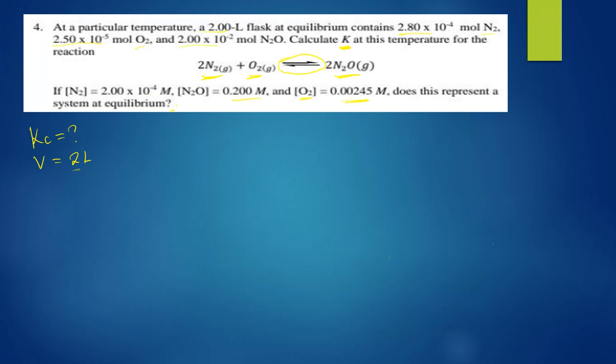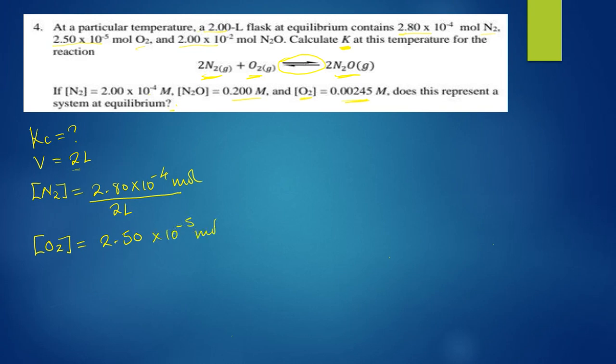So let's start. The mole for nitrogen is 2.80 times 10 to the power negative 4 mole, and we divide it by the volume given, which is 2 liter. Let's do the same for oxygen: 2.50 times 10 to the power negative 5 mole over 2 liter.